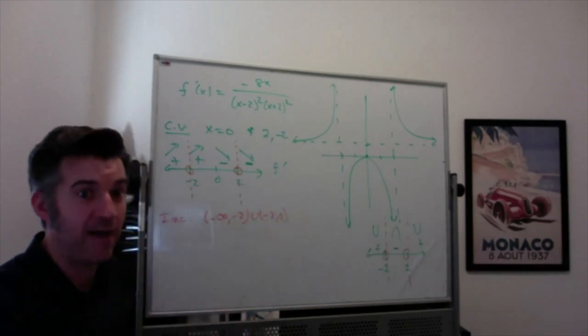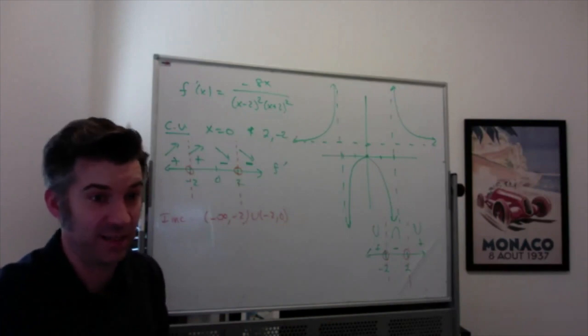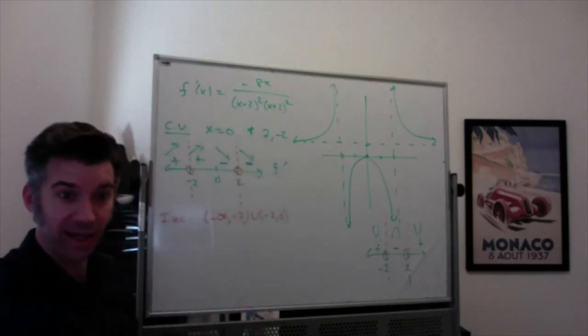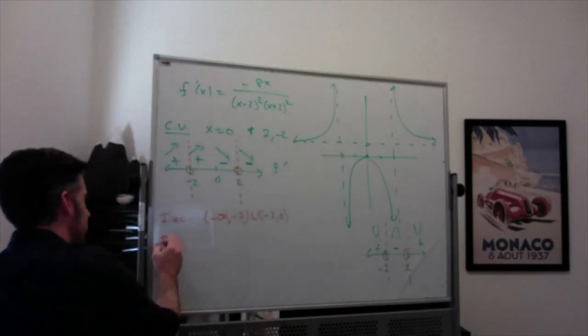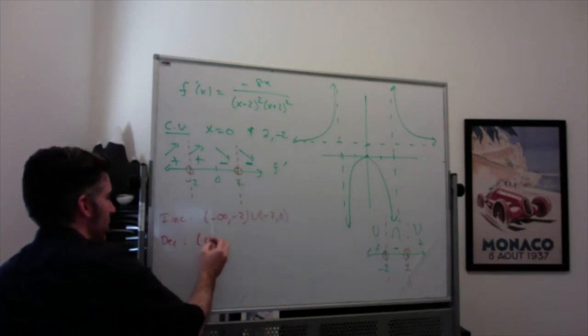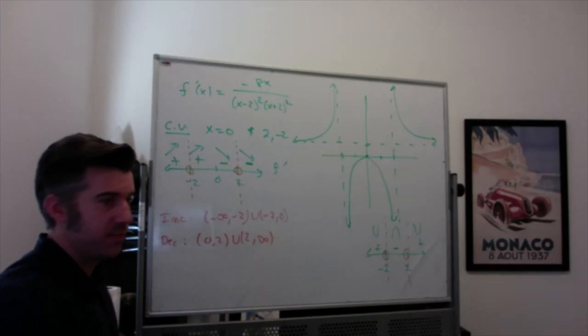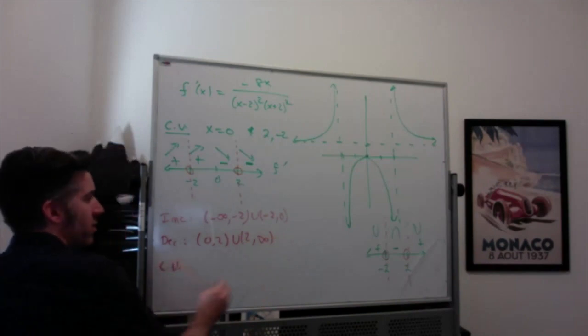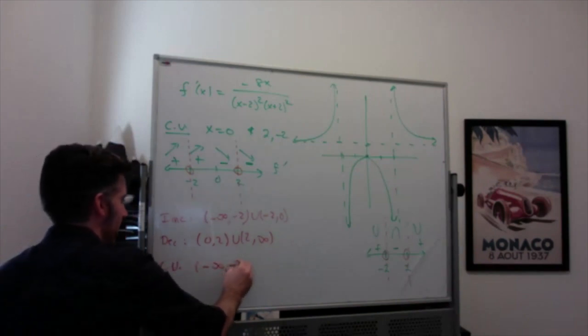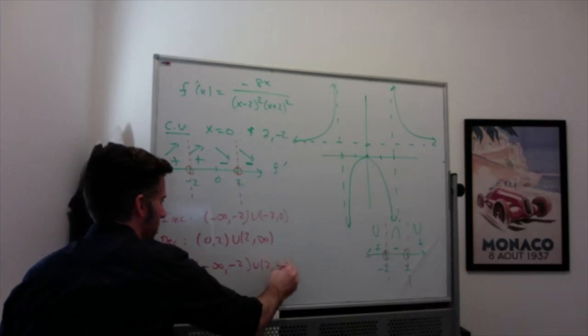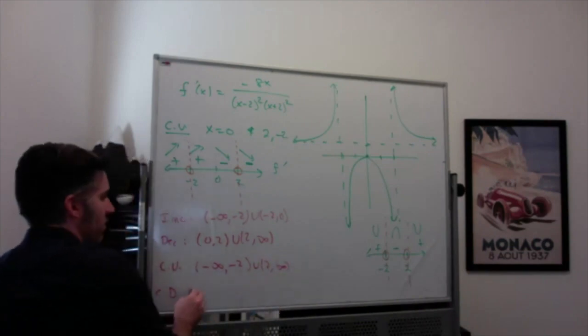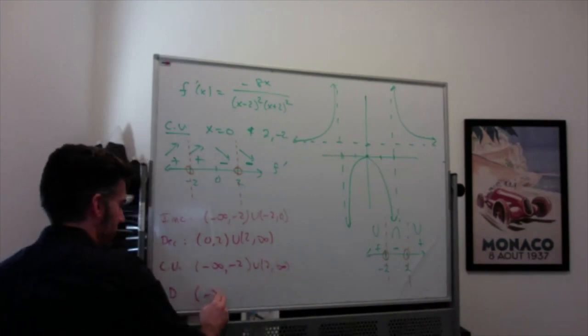For this one, we have to break it up because it's not defined at negative 2, unlike our previous examples. We would say it's decreasing from 0 to 2, union 2 to infinity for the same reason. We'd say it's concave up from negative infinity to negative 2 union 2 to infinity. We say it's concave down from negative 2 to 2.